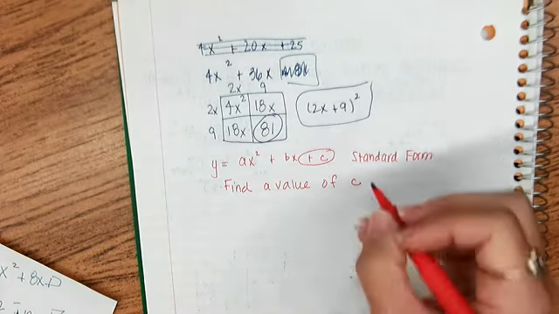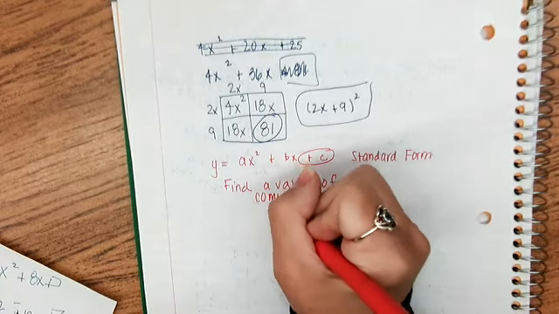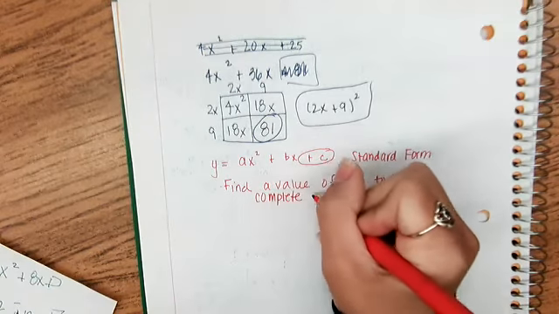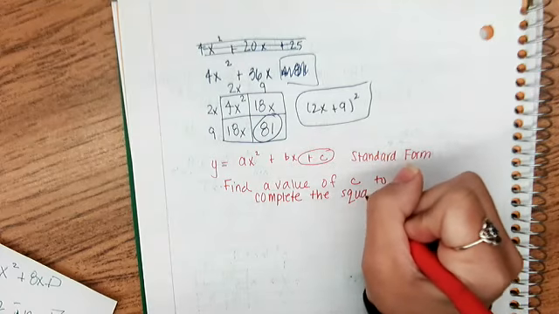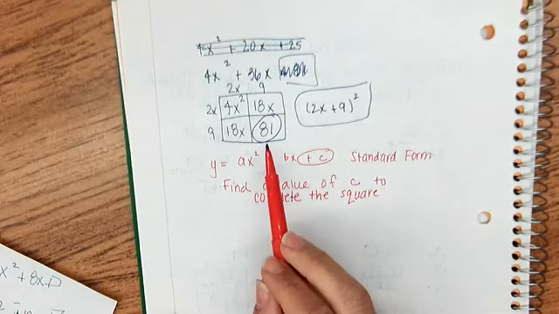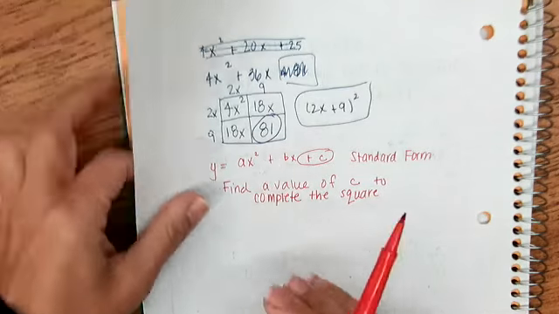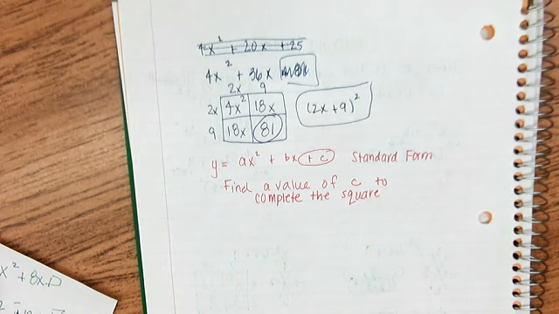So I'll say find a value of C to complete the square. I believe that's what the directions will say, something like that. But when you see the variable C, that's what they're talking about. So in the previous example, that was 81, okay? Homework will be attached to the video.